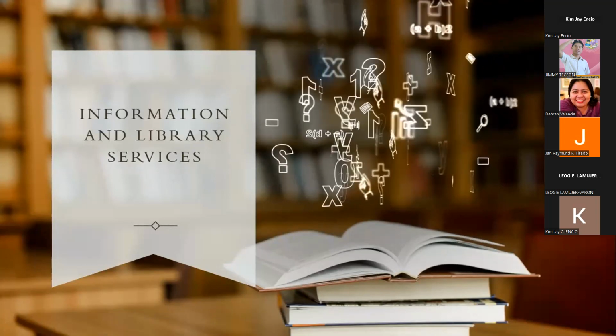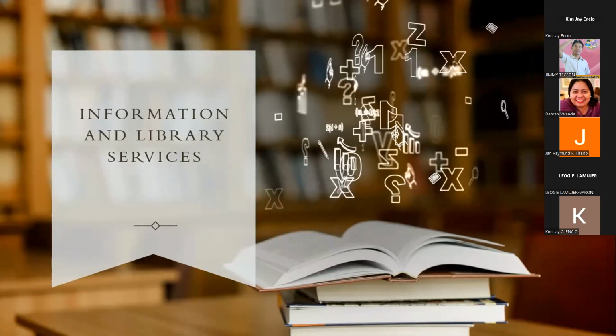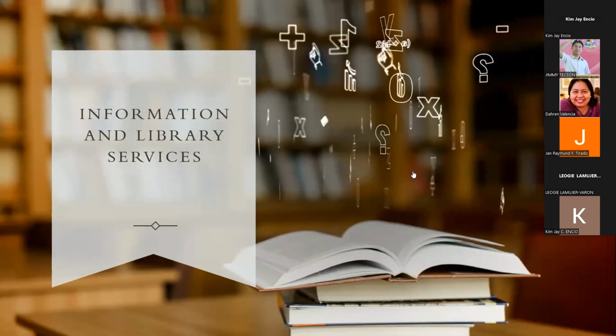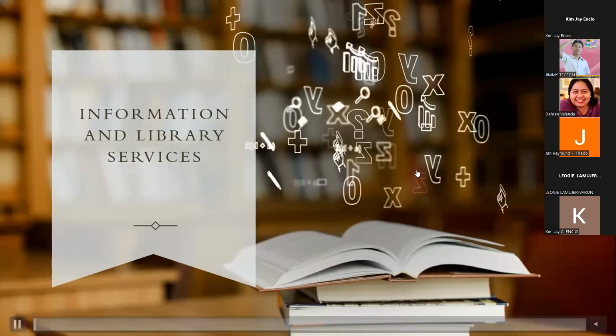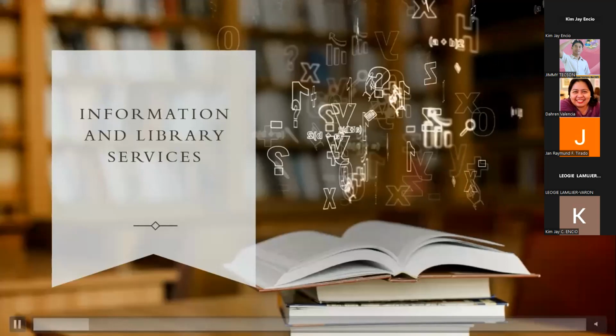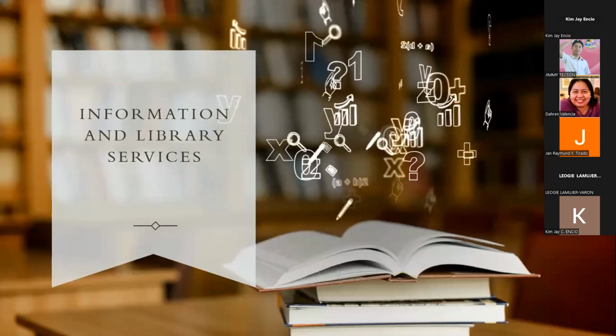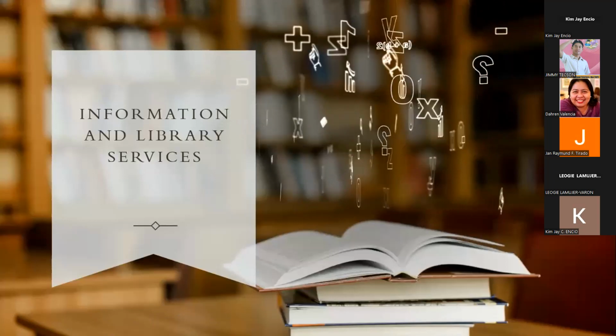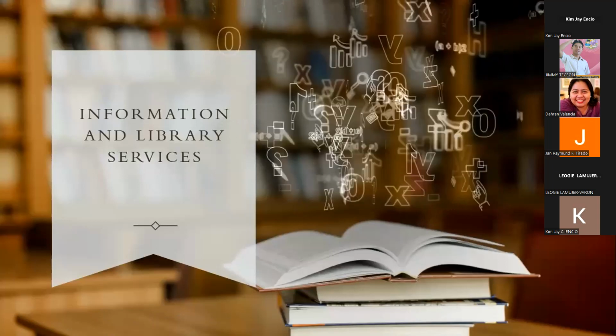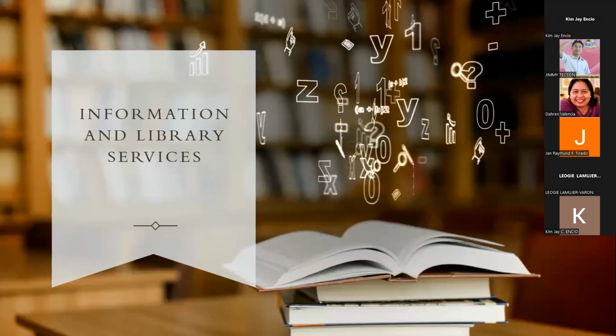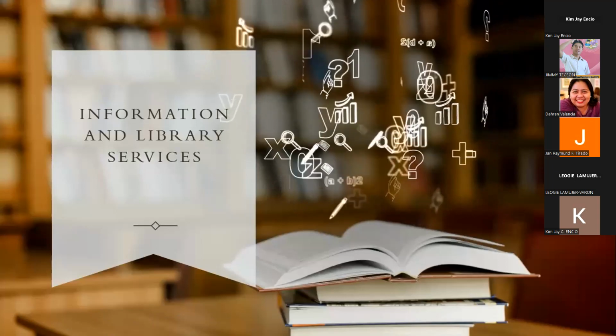For this chapter, we'll be talking about information and library services, and this is more on finding our references, finding literature, or where we can get information that can help us from the very start in looking for literature and building up theories.